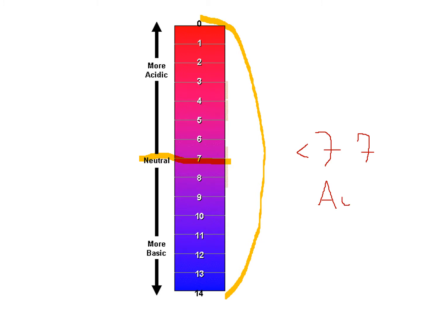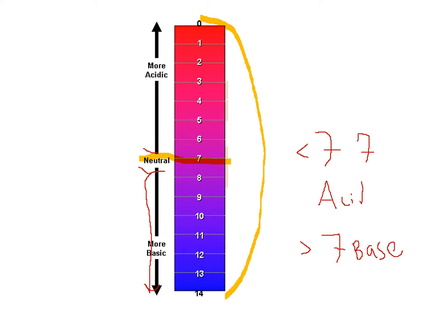Okay, and make sure that you know that anything above 7, all right, that is the base range or alkaline. All right, more hydroxide ions. Okay, so again, more basic above 7. So this would be like maybe a light base, but then it gets stronger as you go towards 14.